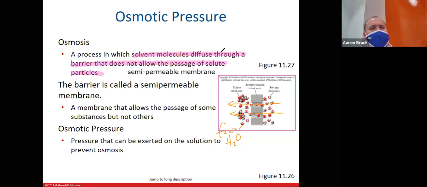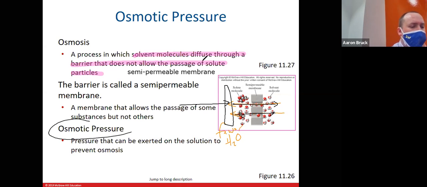Now, what osmotic pressure does is, let's say that we exert some kind of force on the solution to try to push back those water molecules and make it so that they never cross over. The amount of pressure that is exerted to reverse that flow, to prevent that flow from occurring, is what we call osmotic pressure.